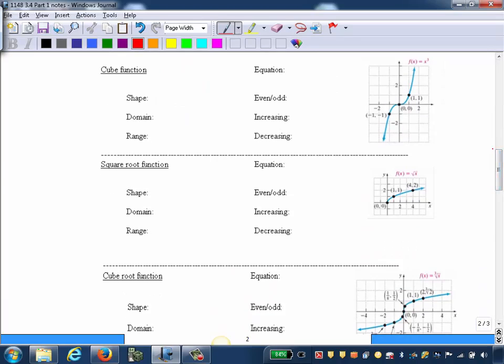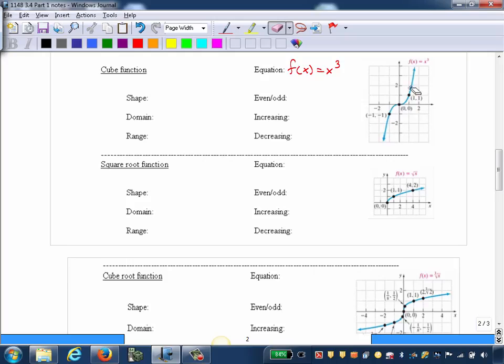Next is the cube function. So our equation is f of x equals x cubed. Here's our cube function, f of x equals x cubed. So this shape, some of my students have called this a snake shape or a squiggle shape.